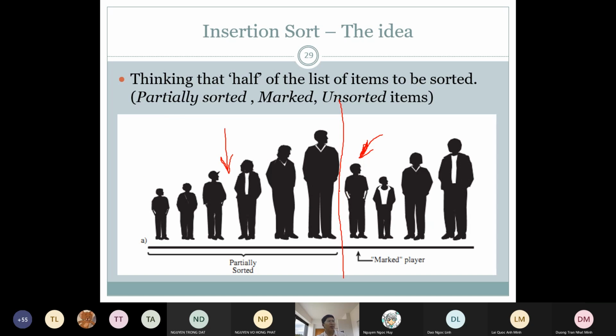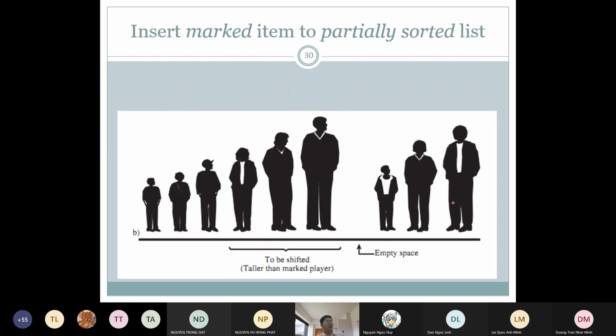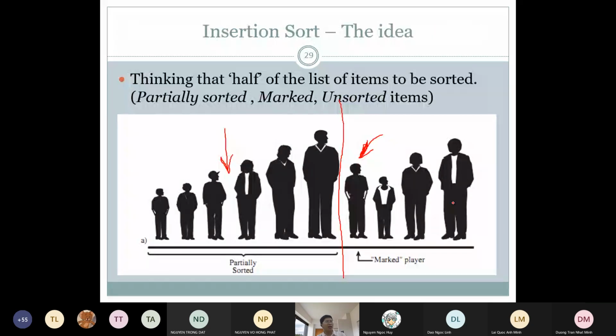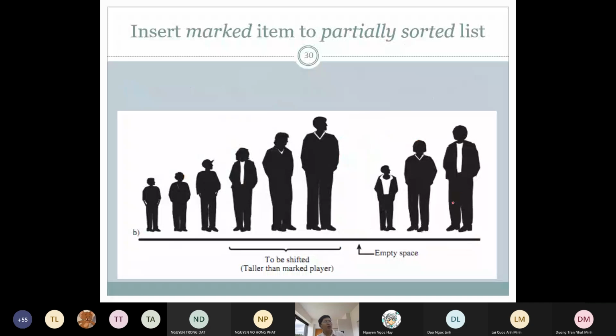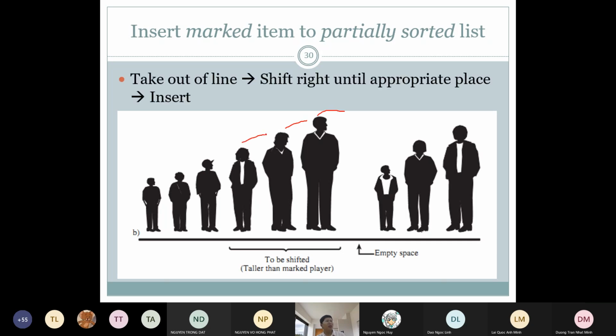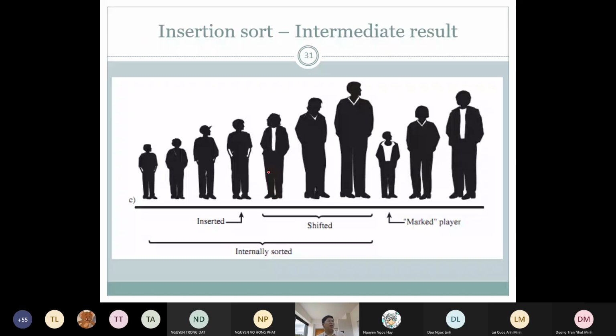The mark is the one that we want to insert, and then the unsorted items. The idea is that we remove that guy, and then we do the shifting. We shift elements here, here, here, until we find the corresponding place, and then we put it there.